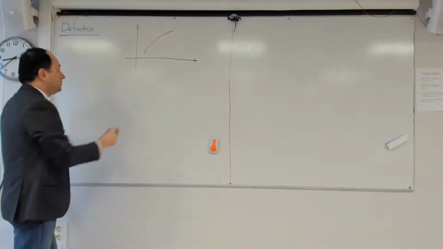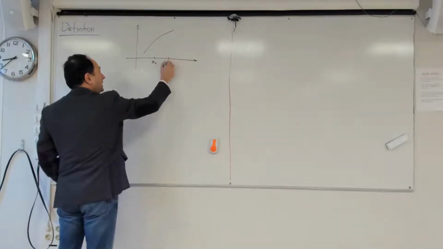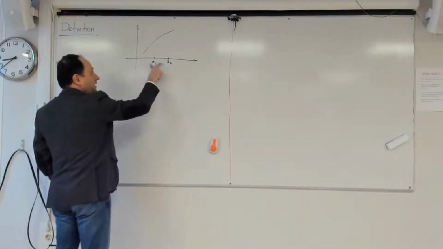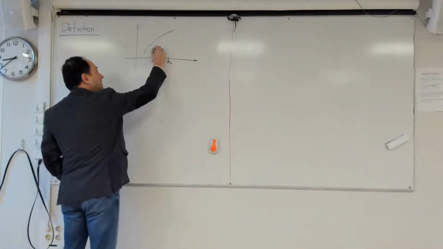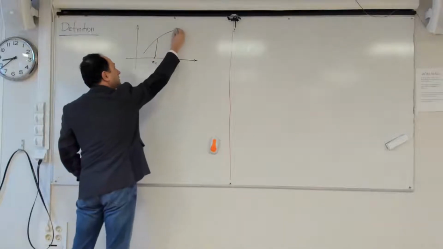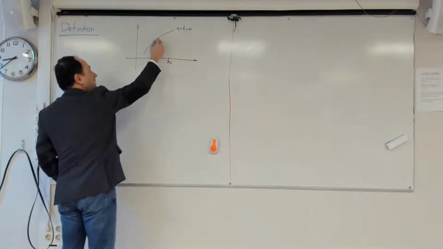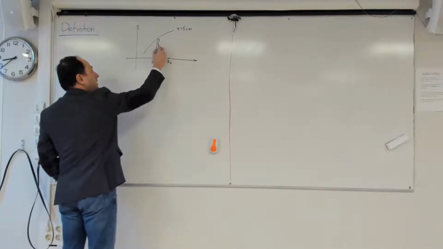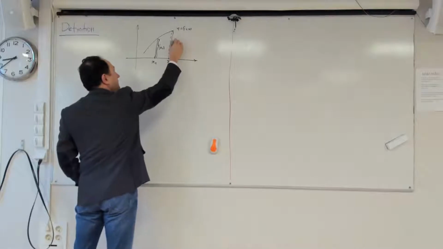Okay, so what does it mean? It means that if I look at 2 points, x1 and x2, so that x1 is less than x2, and I look at the height of this function, if this is the graph of my function f of x, the height from here to here is f of x1, and from here to here is f of x2.